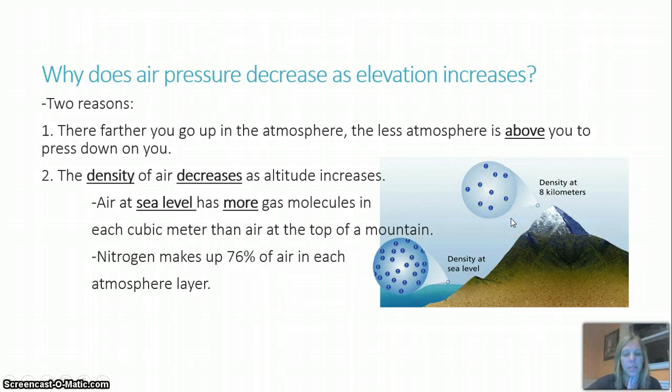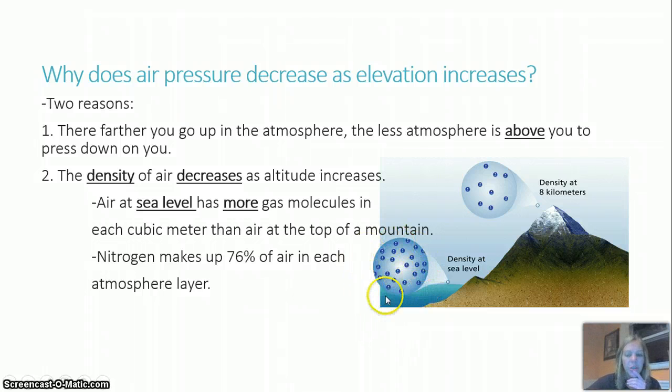particles in that space. Now keep in mind that when we talked about the amount of gases in the atmosphere, one of them, the most abundant gas, nitrogen, makes up approximately 76% of the atmosphere. Nitrogen makes up 76% of each layer in the atmosphere. However, you can think about it like this.